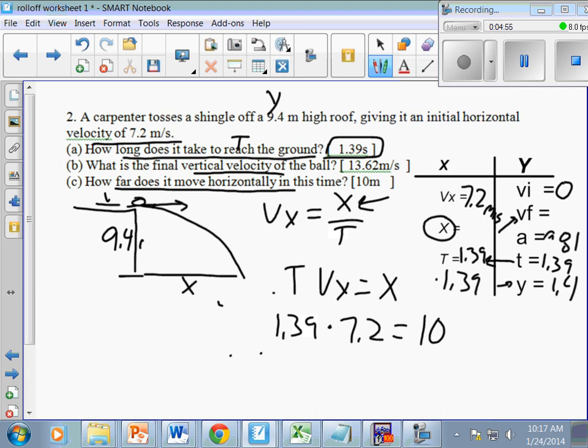So it traveled 10 meters from the edge of the table all the way across to where it landed.